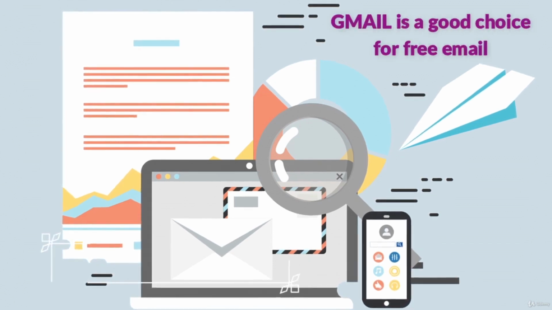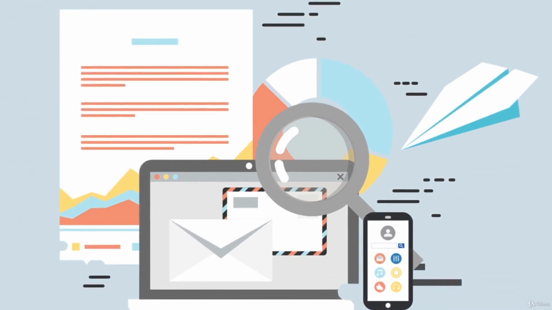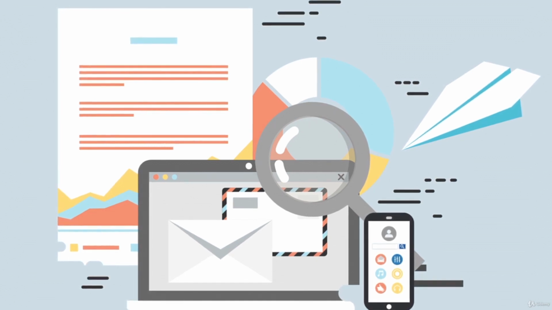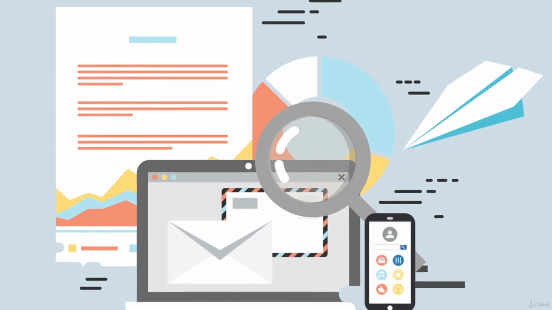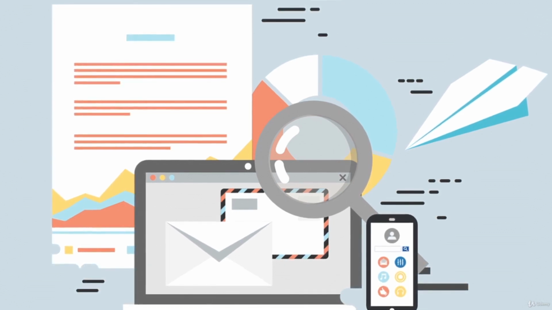Now, if you want to go to the next level with your email and have full control over your own email, then you need to look at your own hosting company. You would then typically set up a hosting package with a service provider, and once again, there are many out there. You choose your own domain name, which will then become your email address.